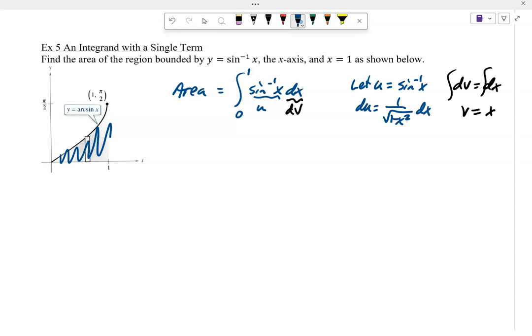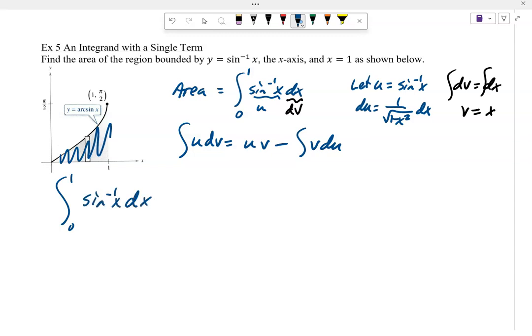So this area from 0 to 1 of the arc sine becomes uv. So here's my u, there's my v, minus the integration of v and du.